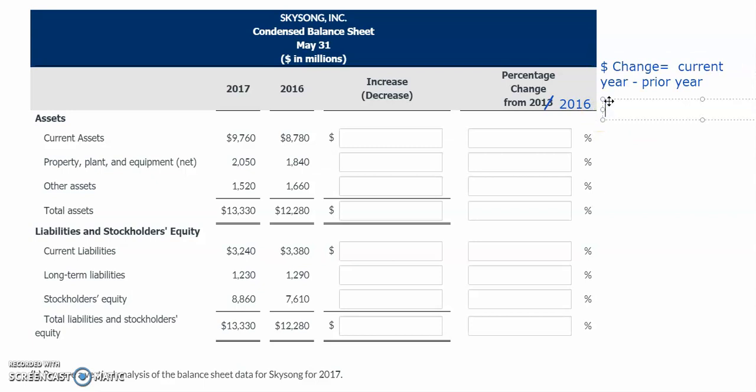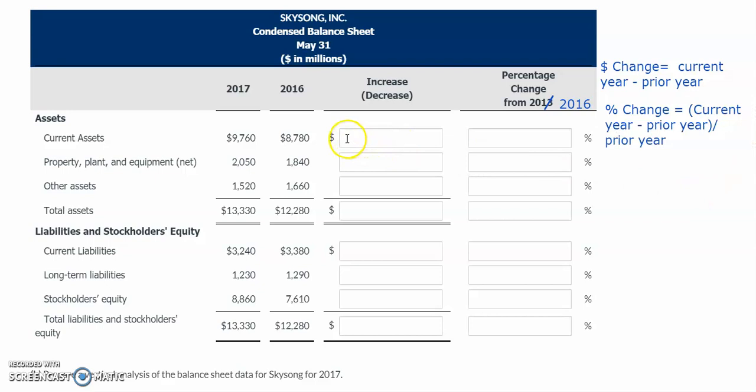And then for the percent change, you're going to take the dollar change, which is going to be the current year minus the prior year. And you're going to divide that by the prior year dollar amount. And you'll want to convert that into a percentage.